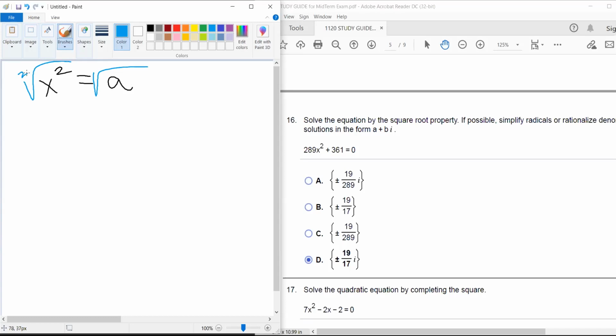On the left-hand side, again, your root and radical cancel out. And remember, when you take the square root of a number, you're going to have two different answers. You're going to have a positive a, and you're going to have a negative a. So let's use the square root property to answer number 16.